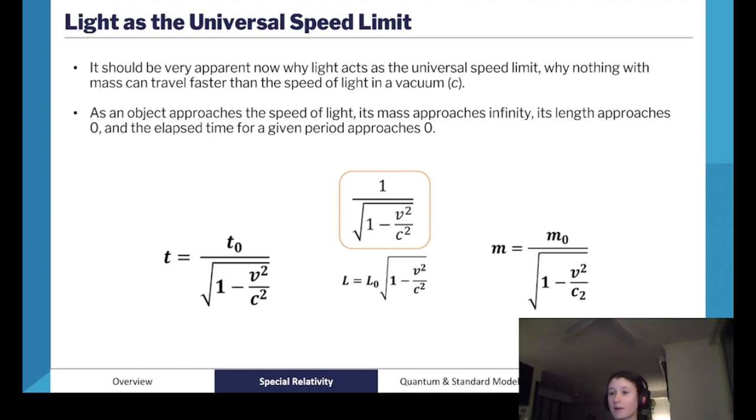There is actually one, not even an exception, but an interesting fun fact to know: there is something that can travel faster than the speed of light, and it's nothing with mass. It's not an object. It is the meeting point of the two blades of scissors.